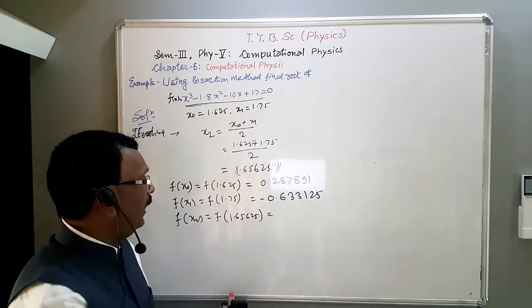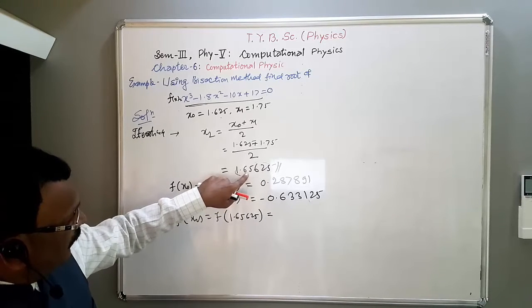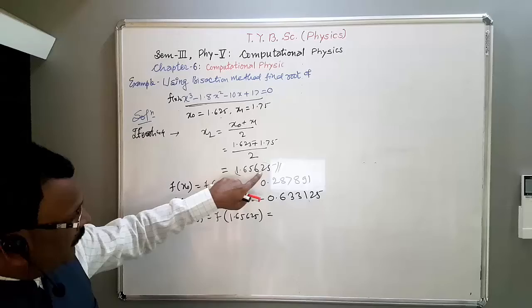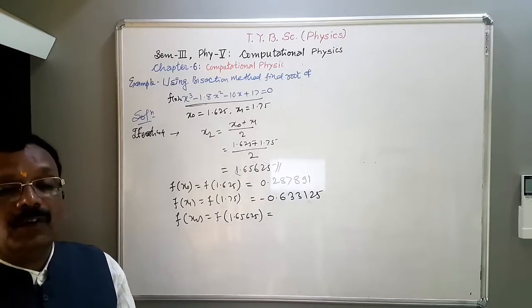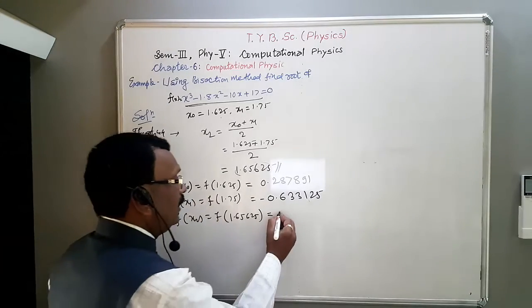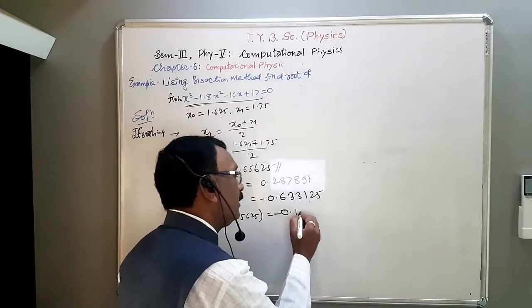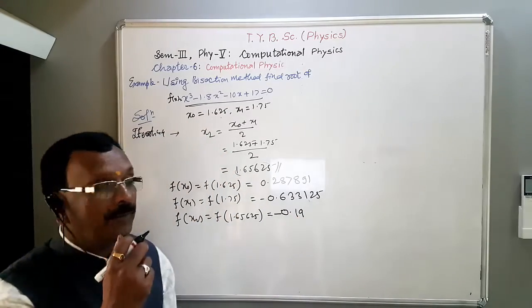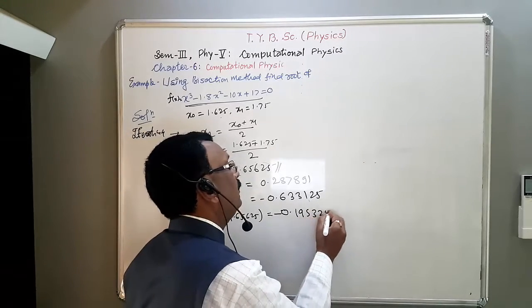Substitute 1.65625 in this function, solve it by using a calculator, and we will get the result minus 0.195325.